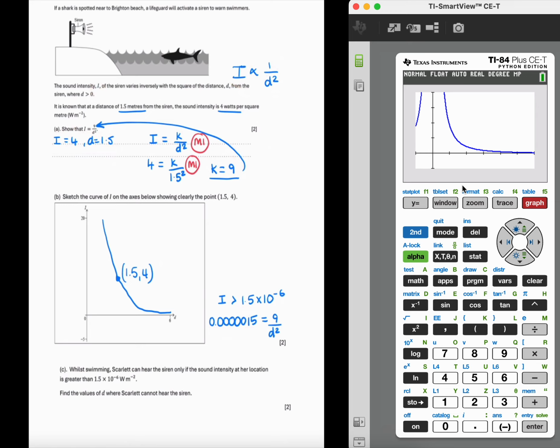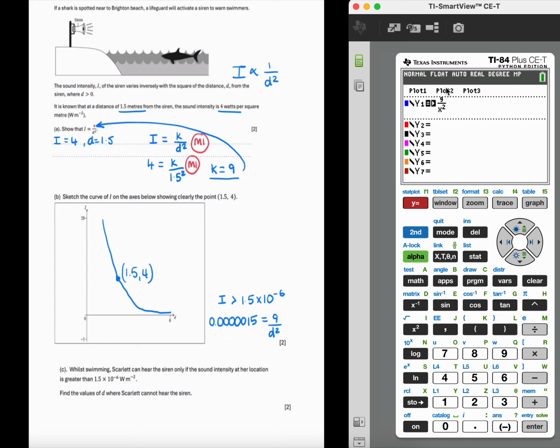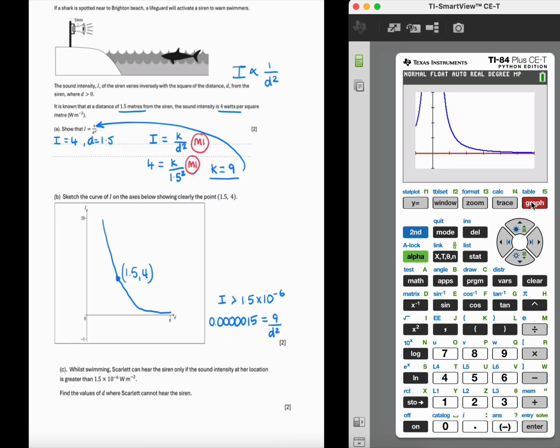So now I'm just trying to find what that d value is, and I can use my calculator to solve it. I already have plotted here the graph of 9 over d squared. So now I want to know when that is equal to 0.0000015. So this is 1.5 times 10 to the negative 6, if we hop our decimal place.